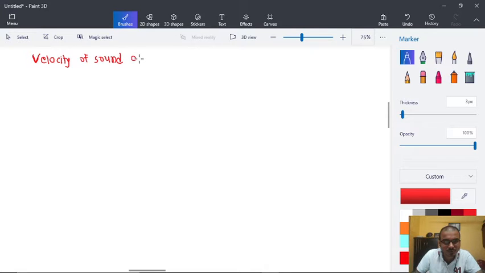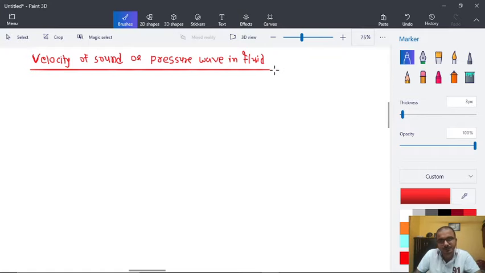Velocity of sound, or pressure given fluid. So this is our next theory.